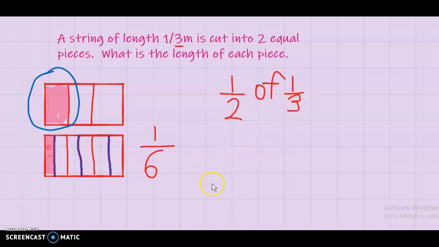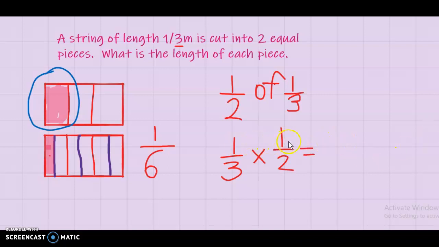This is also the same thing as 1/3 times a half.